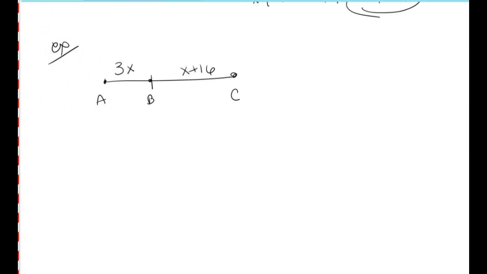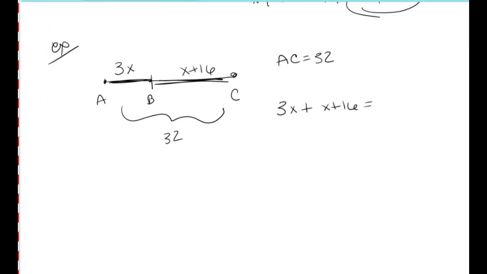Let's say that you have this and they give you AC is 32. Well, we have to set up an equation to be able to solve for x, and then we can solve for our segment pieces if we need to. So remember, part plus part equals the whole. So 3x plus x plus 16 equals the whole. Remember, the whole was 32.